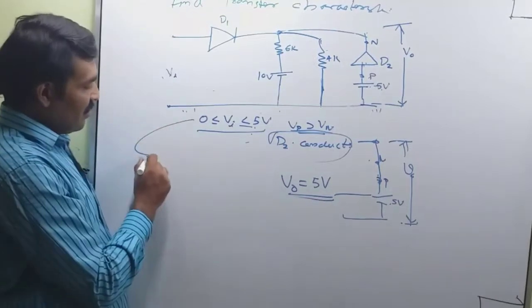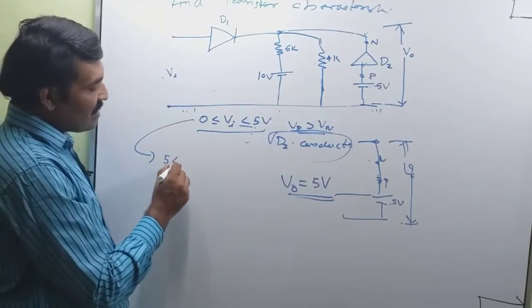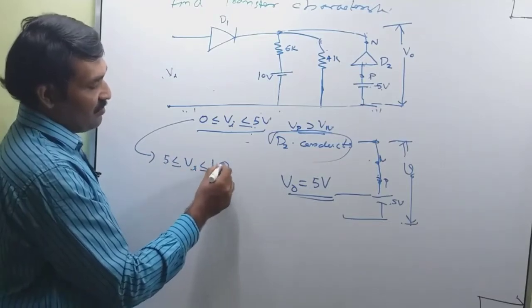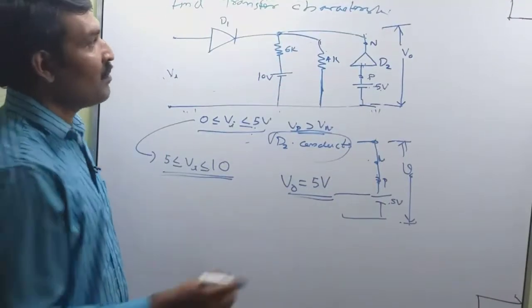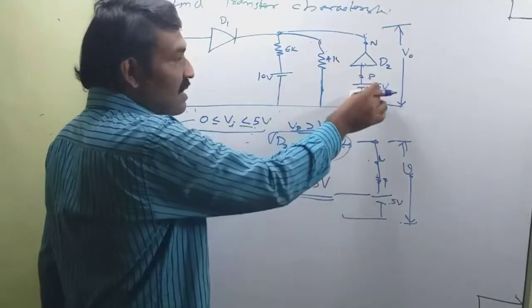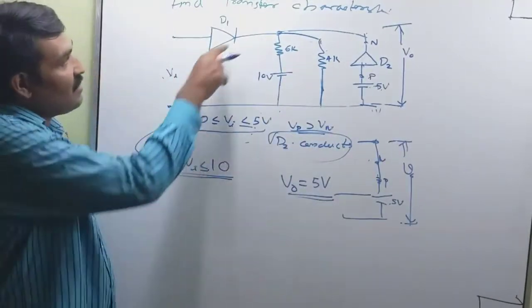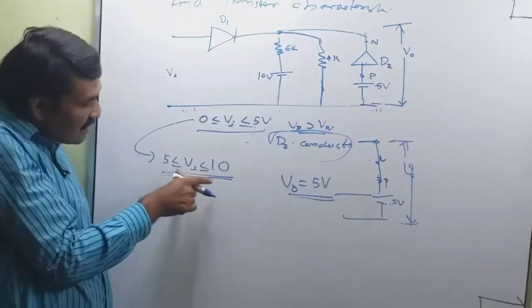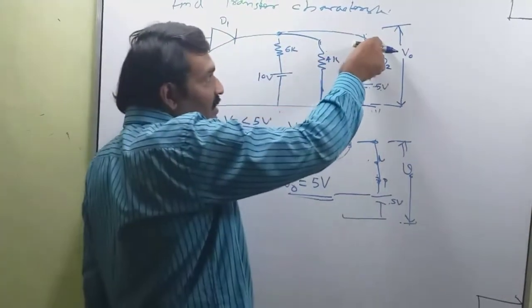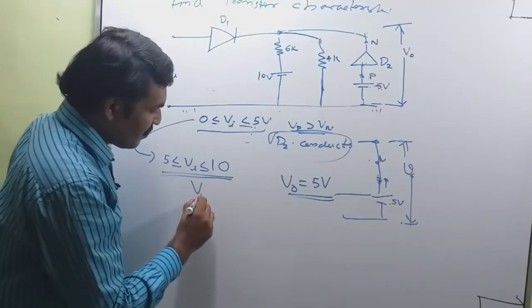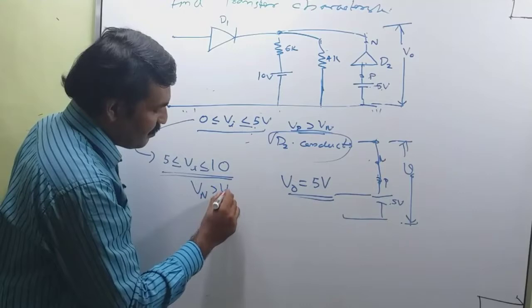Now consider the interval 5 less than or equal to Vi less than or equal to 10. What happens? The voltage across this element is greater than 5, that is, 5 less than Vi less than 10. So at this point the voltage is coming in this range. The voltage at the cathode is greater than at the anode, so Vn is greater than Vp.